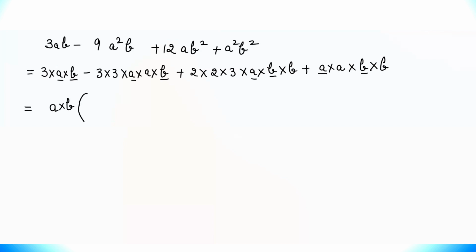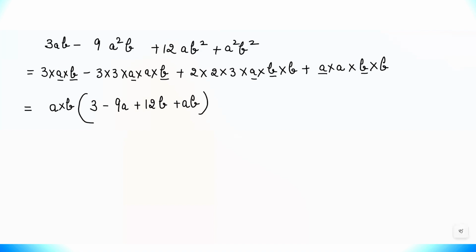Now what is left? In the first one, 3 is left. In the second one, 3 into 3, 9, A is left. Then in the third one, it is 2 into 3, that means 12, B is left. Then in the fourth one, AB is left.